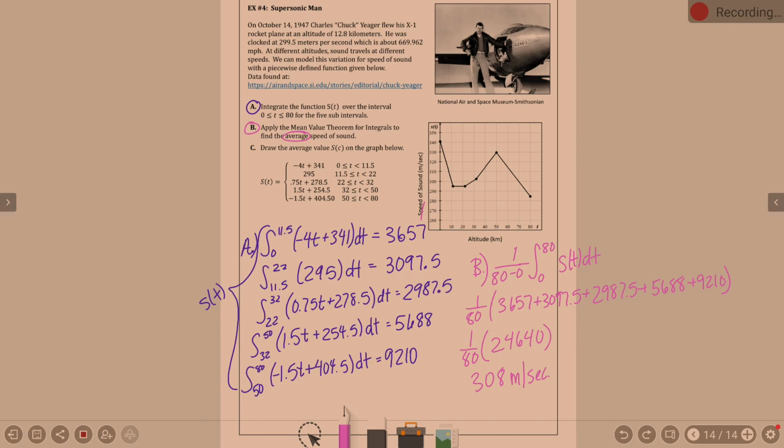I personally stopped there on that part B. I'm not sure why, because I don't see it in the problem anywhere. But when I checked mine against the answer key, she has it in miles per hour also. I'm not sure why. Probably because we live in America, or because the top also mentioned miles per hour. Does it? I didn't see it. It's 669.962 miles per hour.